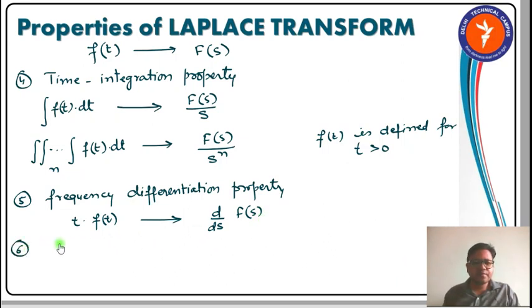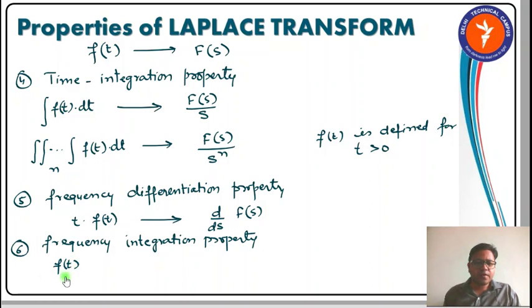Next we have the frequency integration property. Just like the differentiation property, we have the frequency integration property. If we have f of t divided by time t, then its Laplace transform will be the integration of F(s) from 0 to infinity.